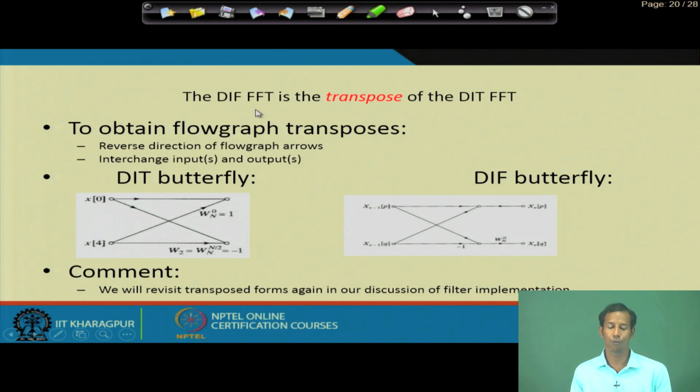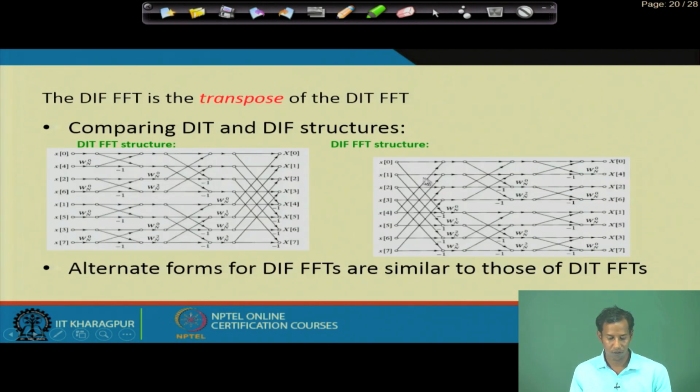The decimation in time butterfly corresponds to x0 and x4, whereas in decimation in frequency we consider the input in the original sequence, but in decimation in time we have to consider the inputs in bit reversed manner. This is the decimation in time FFT structure, and this is the decimation in frequency structure.